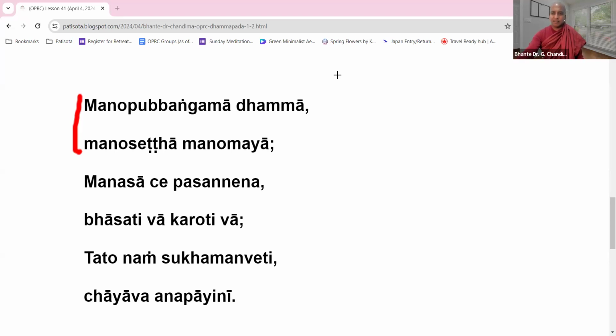Cham, please. Yes. Mano pubbangama dhamma, mano settha manomaya, manasa ce pasannena, bhāsati vā karoti vā, tato naṃ sukham anveti, chāyā va anapāyinī. All right. Great. And now we have others.